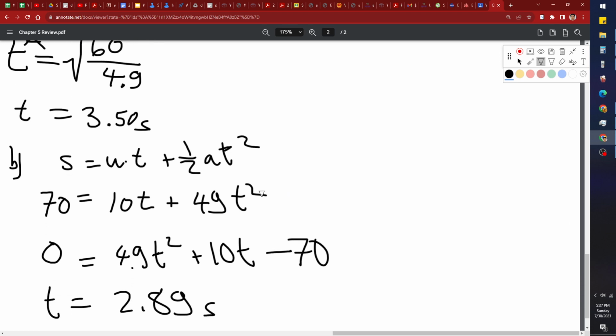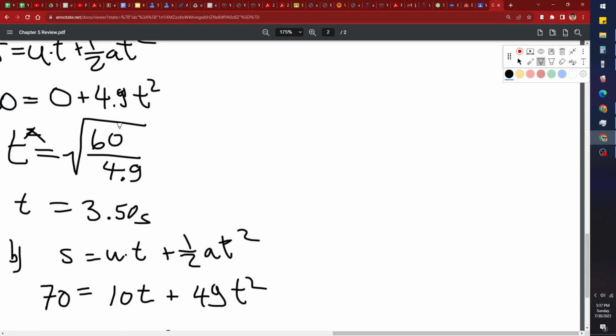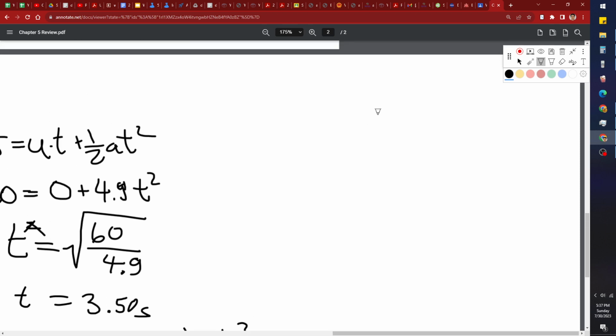There we go. Okay, so when do they meet, or when does the shot put pass the weight? Well, remember, this one's going down and the shot put is going to go down. And when they pass, they're going to be at the same displacement from where they started, yes?